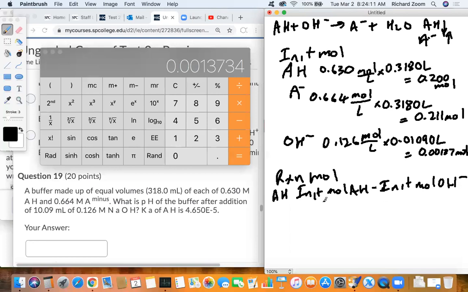And that's going to be 0.200 moles minus 0.00137 moles. Now per significant figures, that's going to be 0.259 moles.